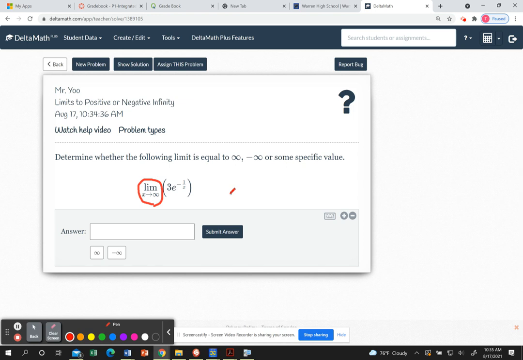All right, you can see your graph. It's e to the power of 1 over x.